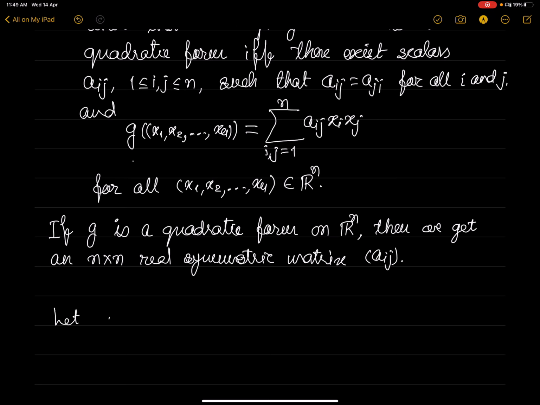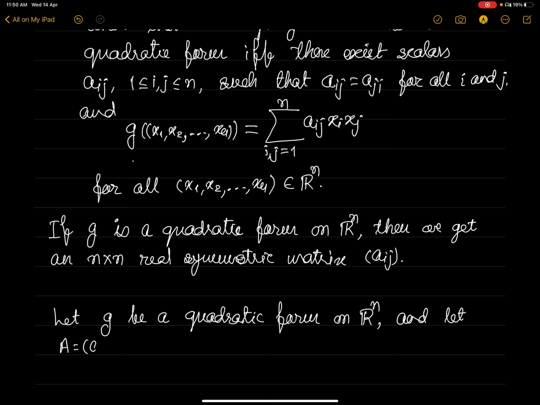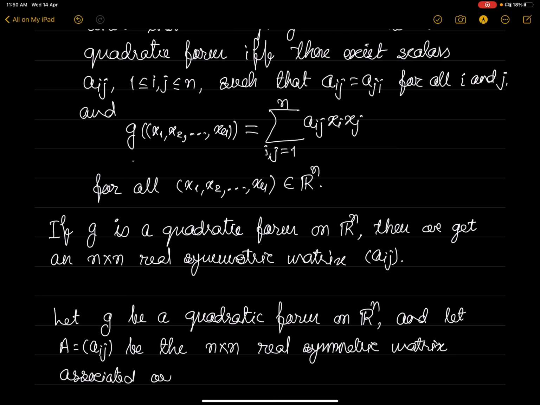So let G be a quadratic form on Rn, and let capital A equals (a_ij) be the n cross n real symmetric matrix associated with G.